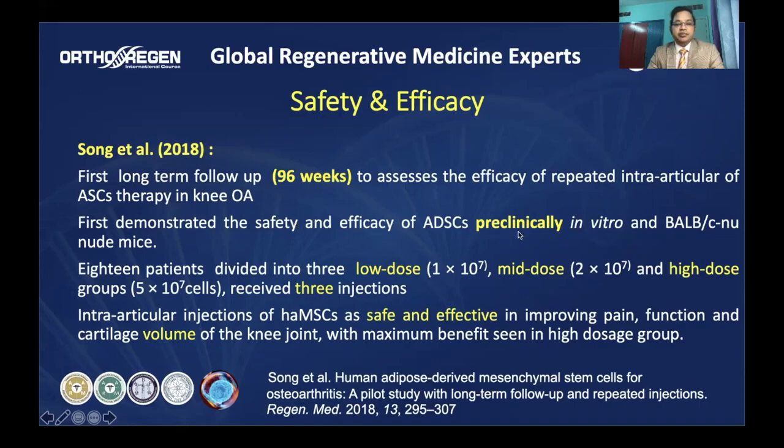Initially, they used it preclinically in mice, and then in 18 patients, dividing them into three doses: low dose, which is 1 billion cells, then mid dose 2 billion, and high dose, which is 5 billion. And they found that human derived adipose mesenchymal stem cells are safe and effective, and they gave a similar kind of conclusion as given by Julin.